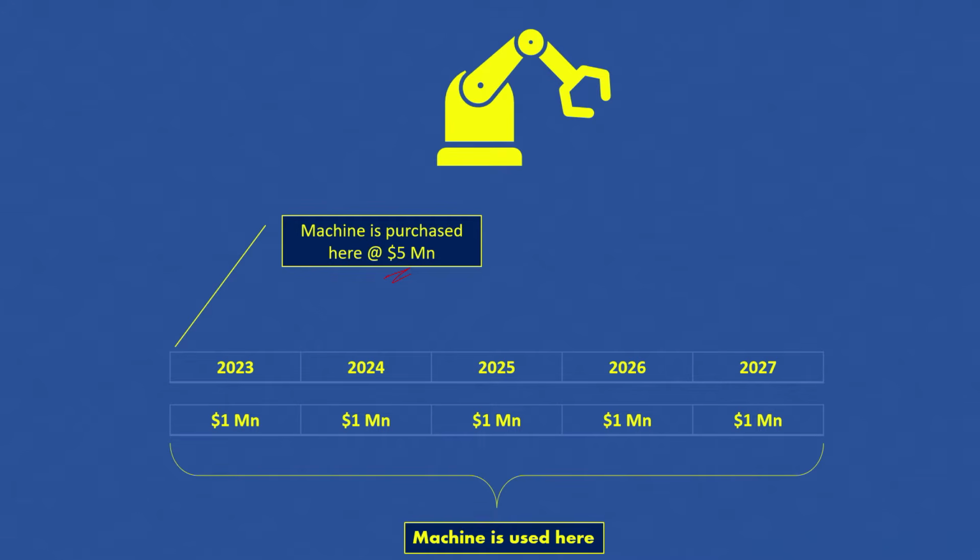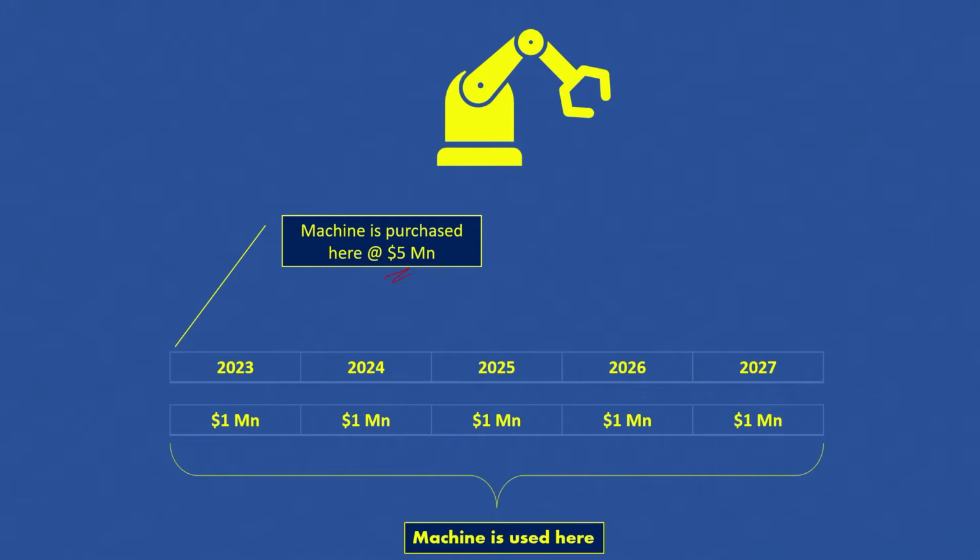So rather than charging the $5 million cost in year 2023, we will rather split that and allocate that to the whole life of the asset. Now this $1 million that we are charging here for this machinery, to each year from 2023 to 2027, this $1 million will be called depreciation.